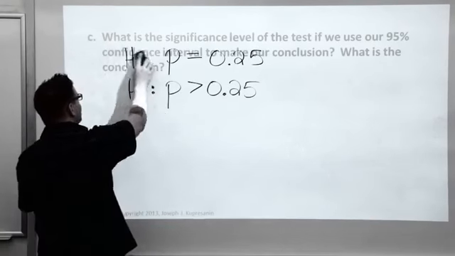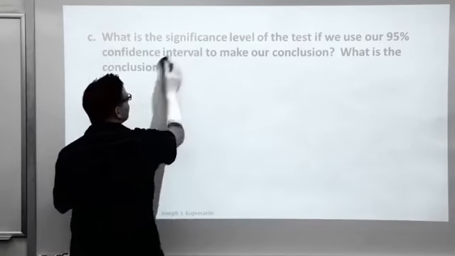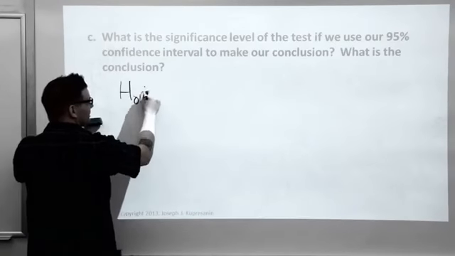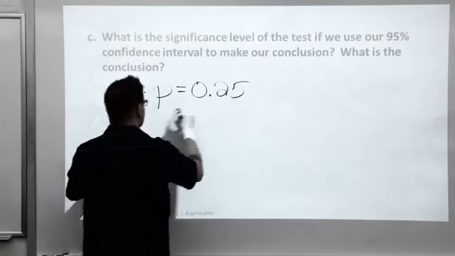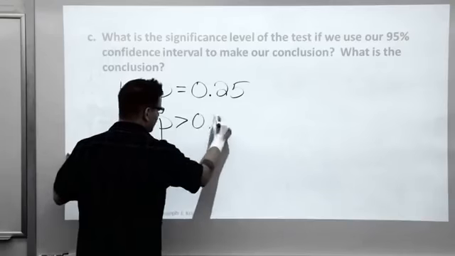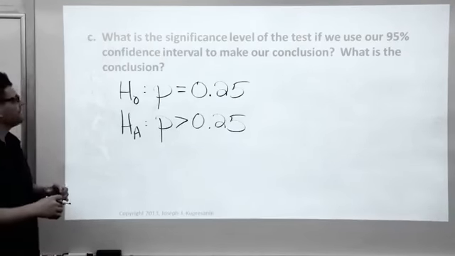Part C, to wrap up this video: what is the significance level of the test if we use our 95% confidence interval to make the conclusion? And what would that conclusion be? Rewrite these hypotheses here. P equals 0.25 versus greater than.